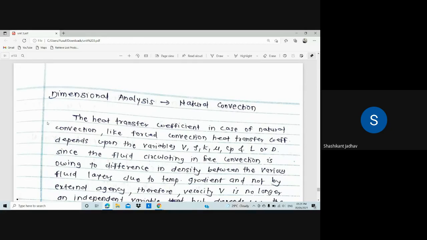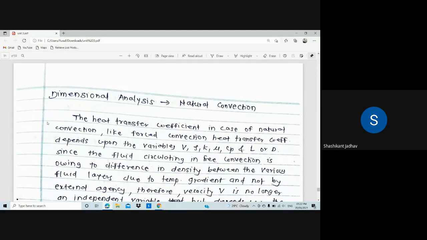Like forced convection, heat transfer coefficient depends upon the variables.